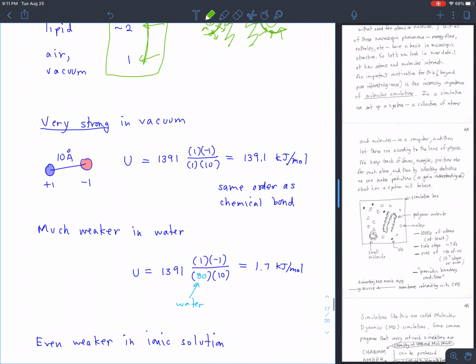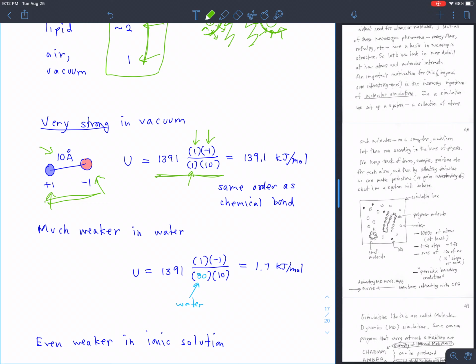All right, so I say some of the same things down here. The charge-charge interaction is very strong in vacuum. If we use our nice formula here, and suppose I have a +1 charge interacting with a -1 charge at a distance of 10 angstroms, pretty far apart, much further apart than a single bond length, for example, 4 times bigger than a single bond length. Then the charge on one, Z1, is 1, Z for the other one is -1.